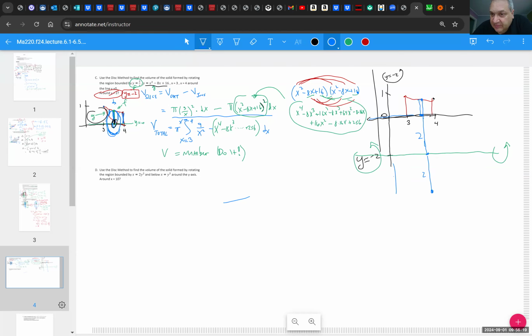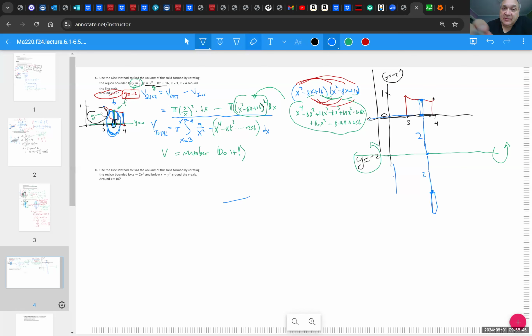The top of my rectangle has to be further up. If it's a mirror image, it's got to be further down. So my rectangle ends up being down here. All right. So the top part of the rectangle is 1, 2, almost 3 away from the axis of revolution. So I have to go 1, 2, almost 3 away from the axis of revolution, going down.